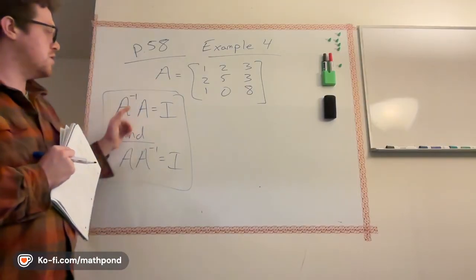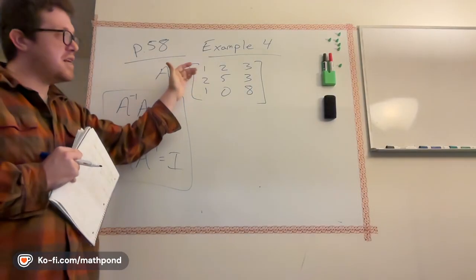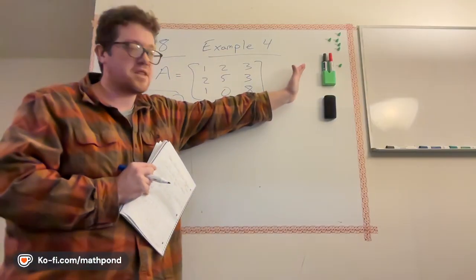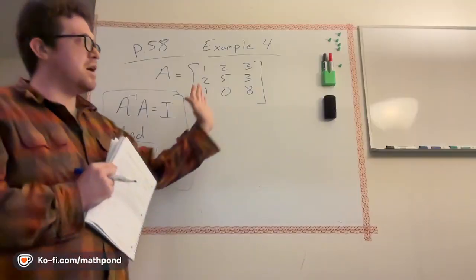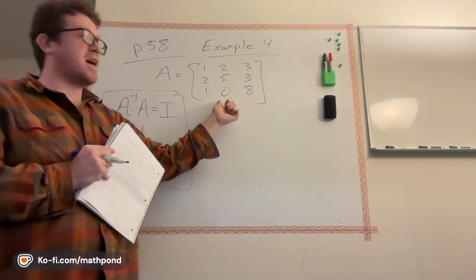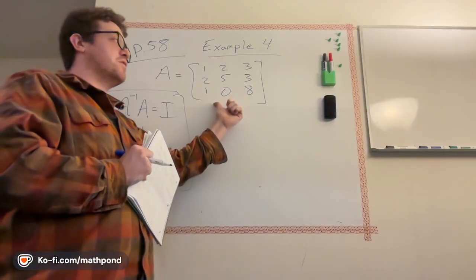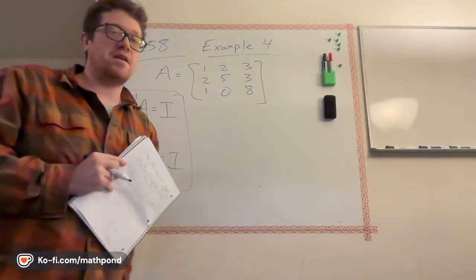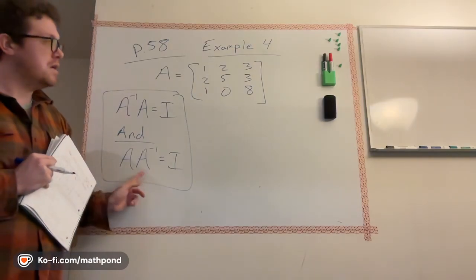So everything we're doing to undo this matrix and convert it back into the identity matrix, we're going to have an identity matrix on the other side, and we're going to perform all the same operations on the other matrix. So we're going to basically keep track of everything that undoes the first matrix, and everything that undoes the first matrix is going to be on the other side in the keeping track of what A inverse is.